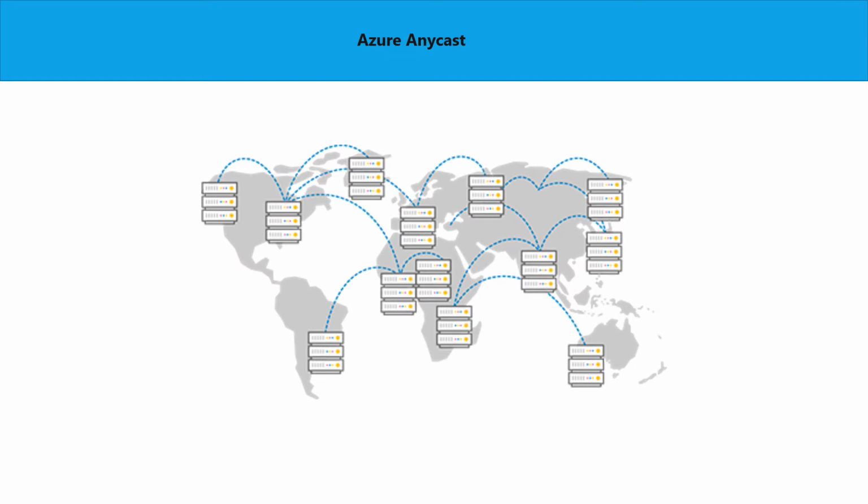Let us try to understand Azure anycast infrastructure and why it is needed. We all know host-to-host communication over the internet works based on the IP address, and the routing protocol being used is BGP.